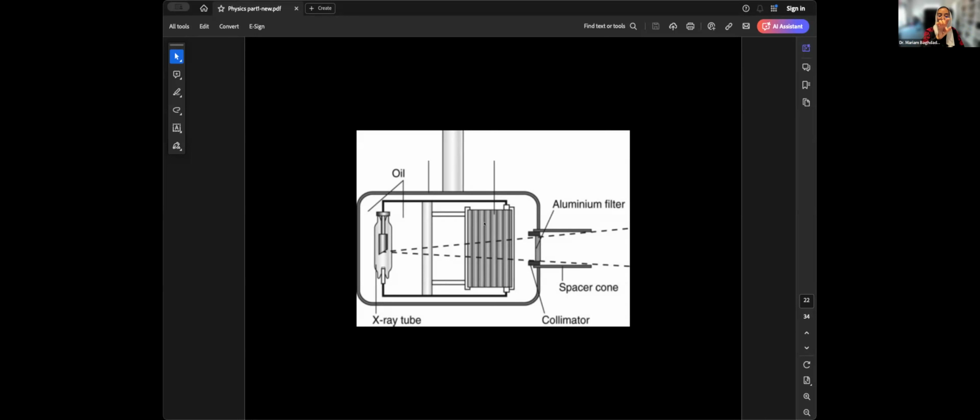What we're going to do is remove all the low energy that is going to create noise. Okay? And this is built into your X-ray tube or your X-ray machine. And they call it an aluminum filter.